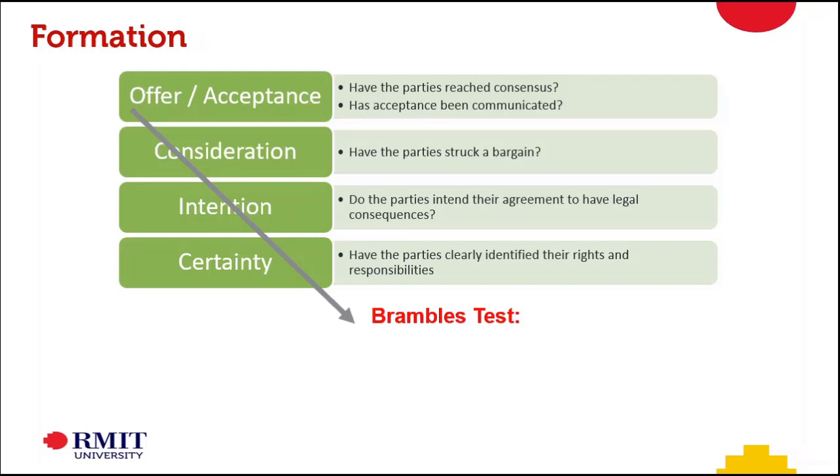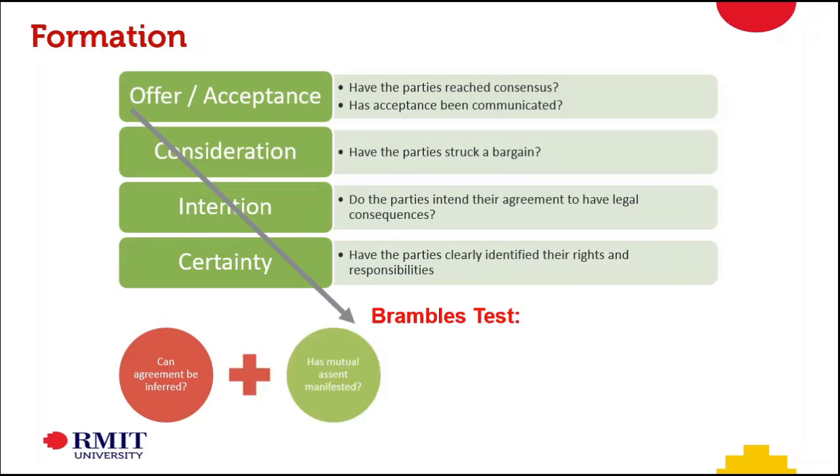Of course, going back to offer and acceptance, sometimes we can't match that offer and acceptance. We just have a consensus ad idem. And so Brambles provides a test. It asks us to look at, can agreement be inferred from the conduct of the parties?